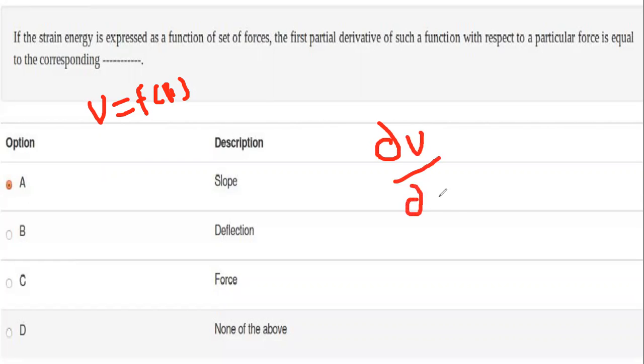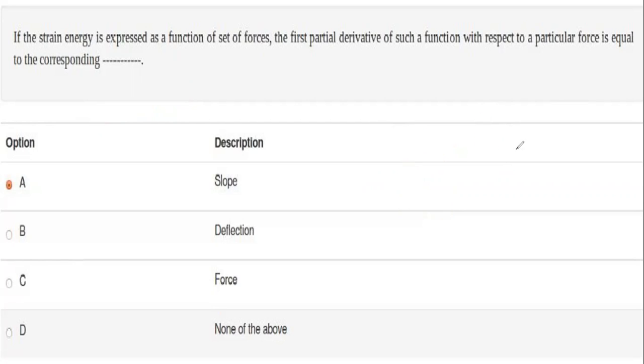So this is Castigliano's first theorem. This is the strain energy theorem. The first partial derivative of strain energy with respect to the force will give us the deflection. So the answer is option B.